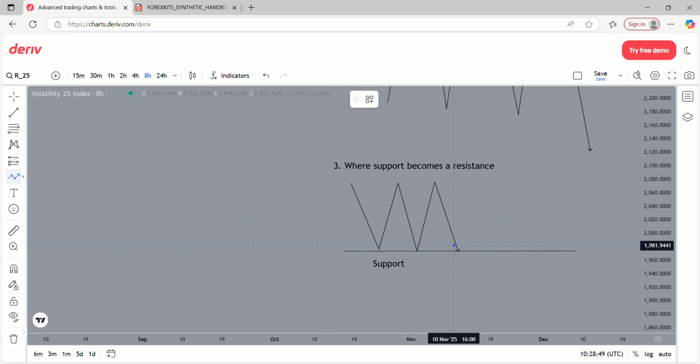Let me continue drawing. If it has been tested so many times, the strength of this support will reduce. That's another factor you should keep in mind. A very strong support should have about 2 to 3 to 4 touches.